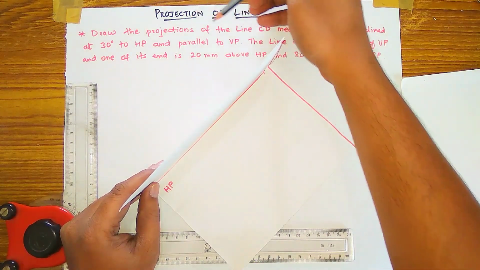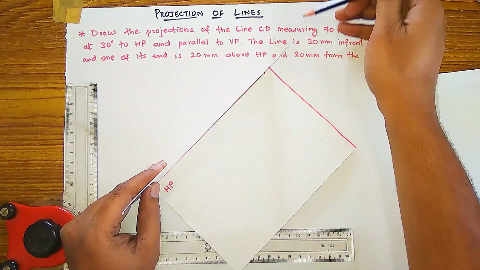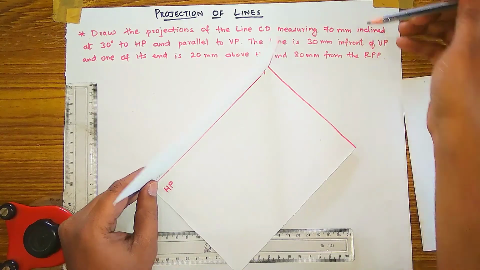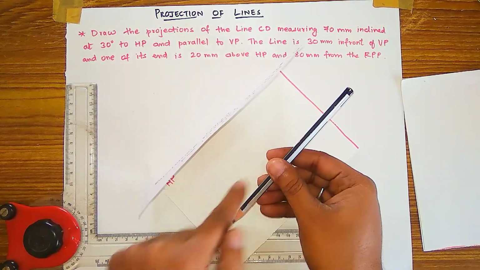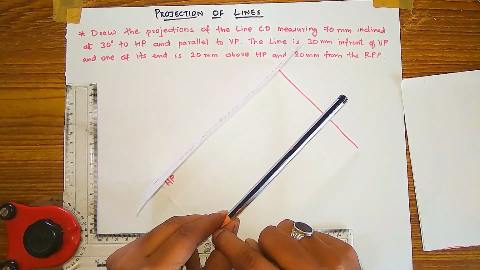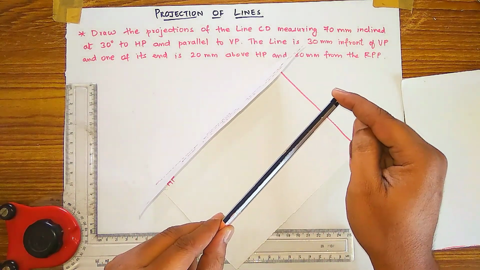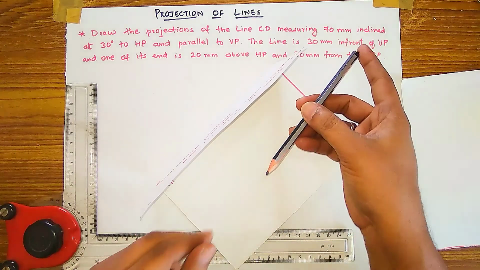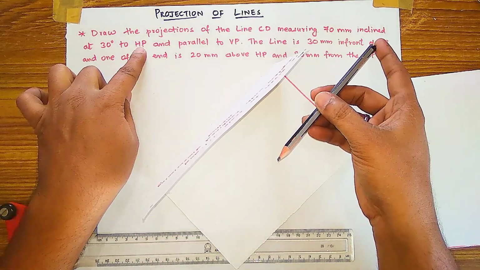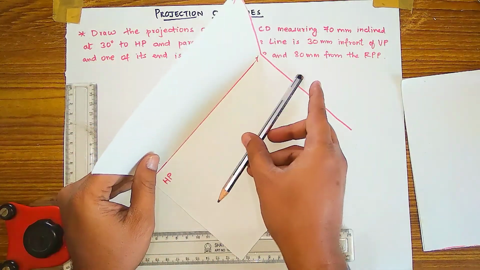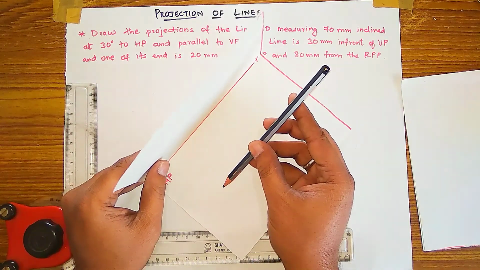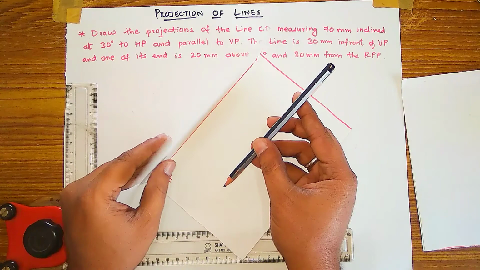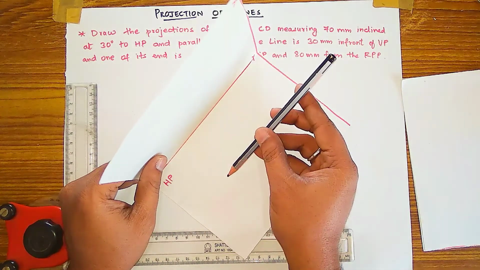According to the question, practically I am explaining. Draw the projection of the line CD measuring 70 mm, means suppose a pencil is a 70 mm line, and this end is C and this end is D. Inclined at 30 degrees to HP, means to HP it is inclined like this, and parallel to VP, so automatically it is parallel to VP also.